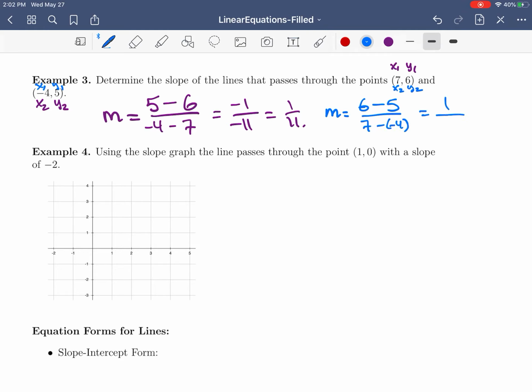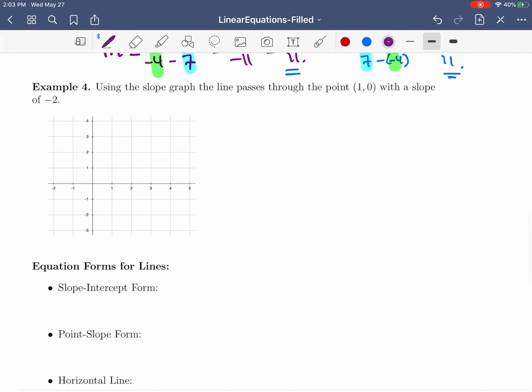So I get 1 on the top, and 7 minus -4 is 7 plus 4, so I get 11. Same answer. So it doesn't matter the order you put them, as long as they line up. Notice that the (7, 6) point is always above each other, and the (-4, 5) point also always above each other. So they have to line up vertically.